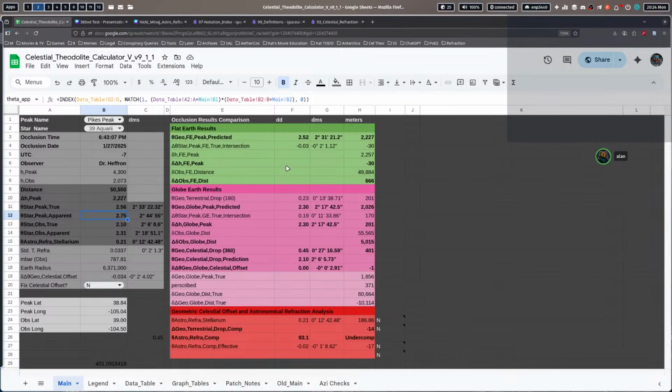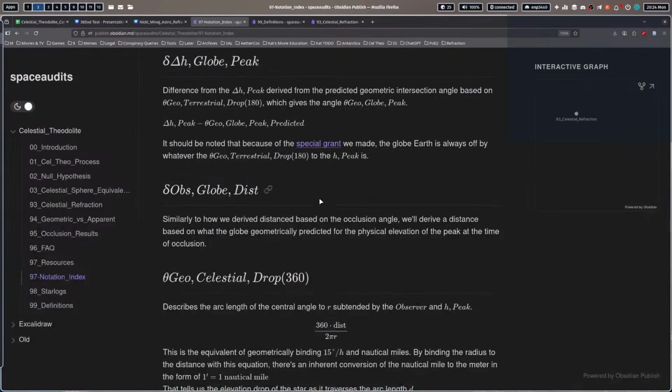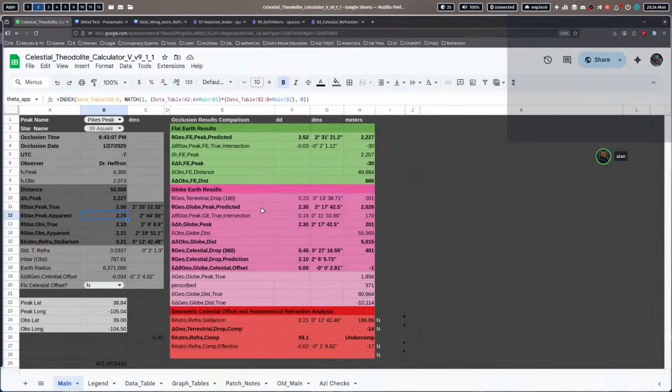So I'll skip going over other peaks specifically, because we're just going over what the math is for each one of these, but we're doing a fair comparison to what we're doing for the flat Earth, just based on the occlusion angle. So it's like, what was the occlusion angle? Well, for their instance, we're using their geometrically predicted occlusion angle. And for the comparison, that's why they're off by that.